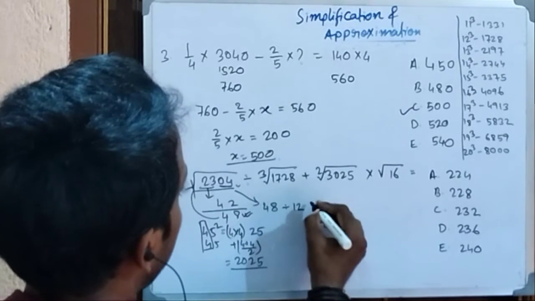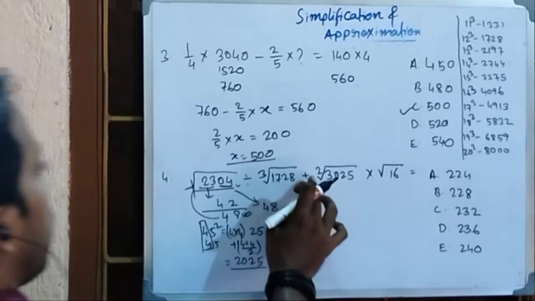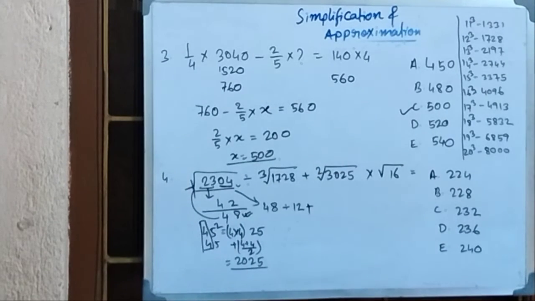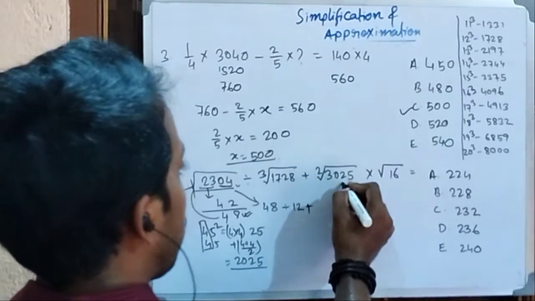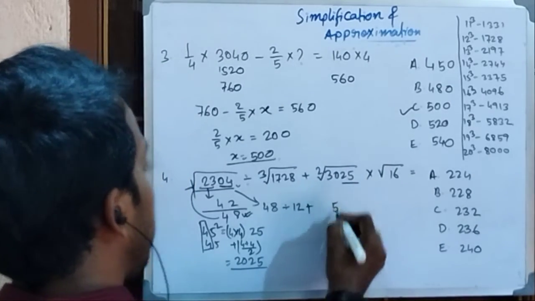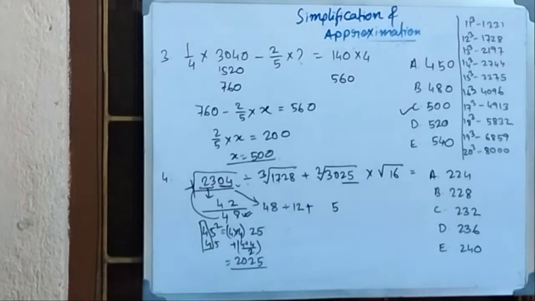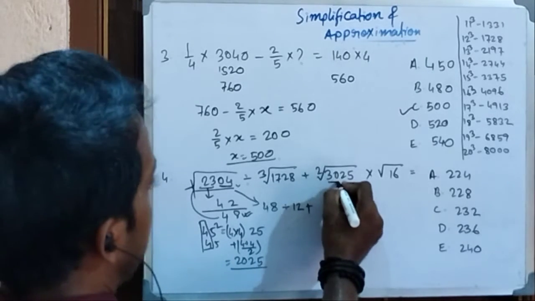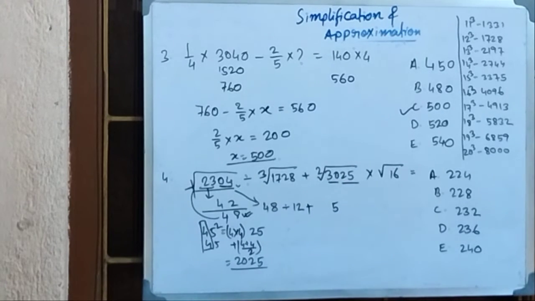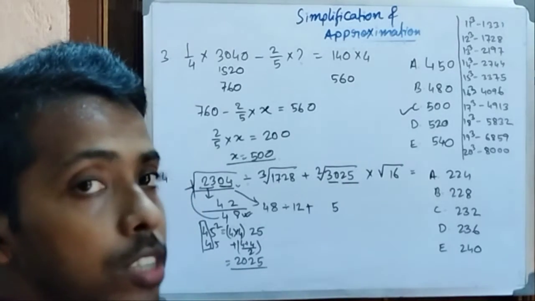So this is 12 plus square root of 3025. Here 25 comes, right? So obviously the unit digit comes as 5. Now here comes 30. 30, whose square value gives the closest value to 30. 5 square is 25, 6 square is 36.